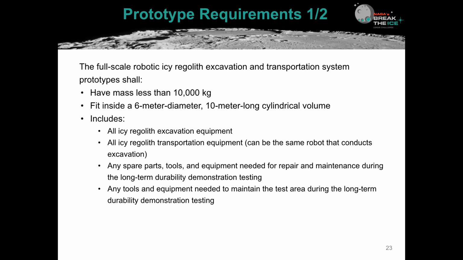The system also includes any spare parts, tools, and equipment needed for repair and maintenance during long-term durability demonstration testing, and any tools and equipment needed to maintain the test area during the durability demonstration testing. And of course, more details are given in the actual rules document. Next slide, please.